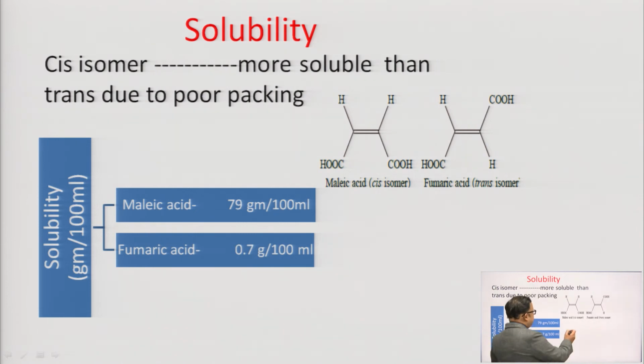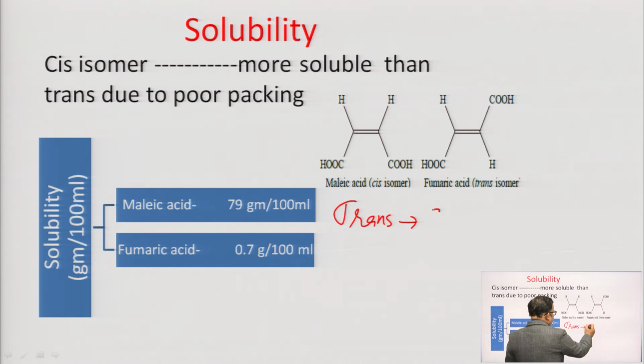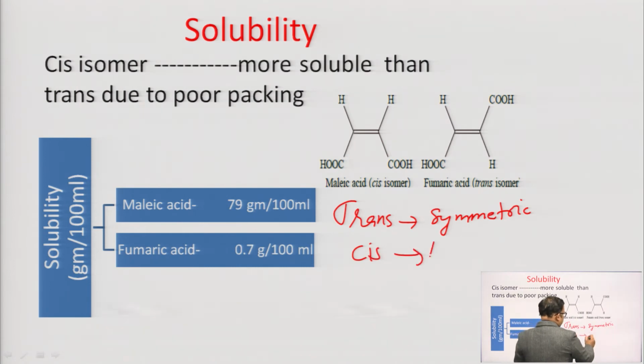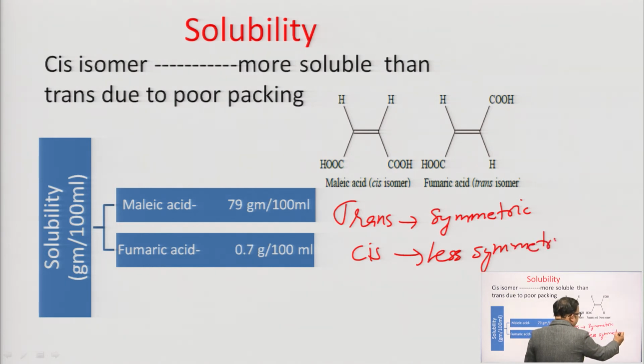Trans isomers, as we have discussed in our previous slide, are more symmetric, but cis isomers are less symmetric. We are discussing all the points in a comparative account, not any absolute values.